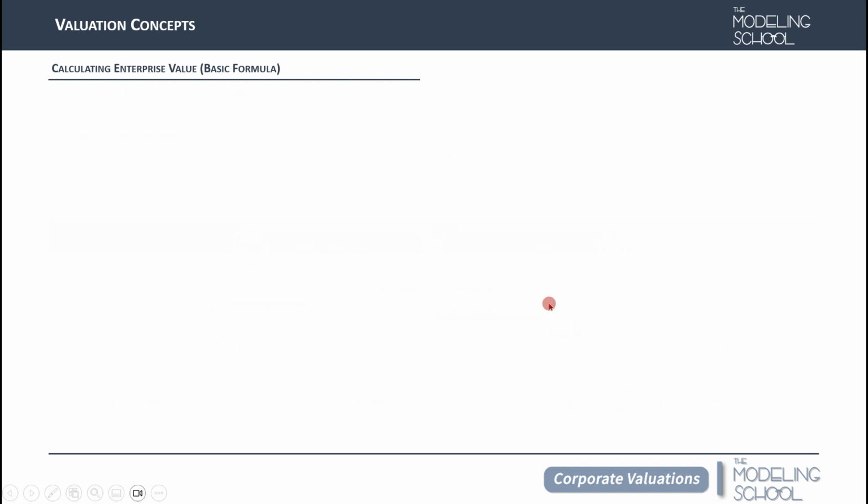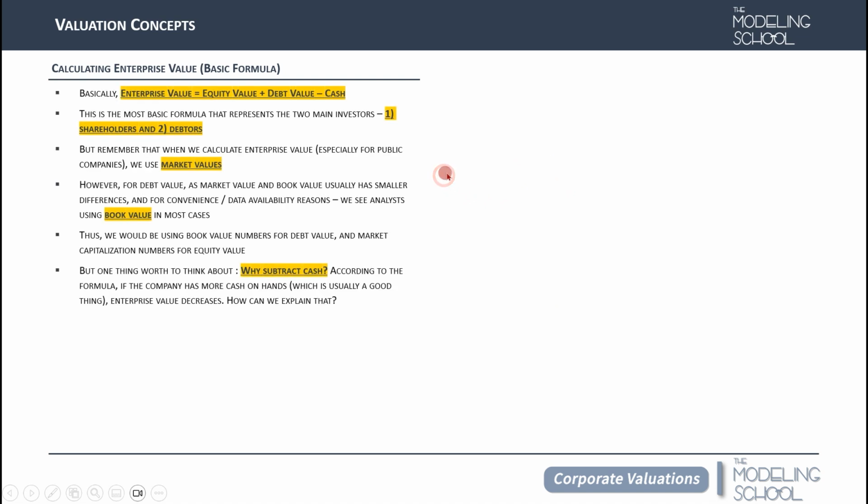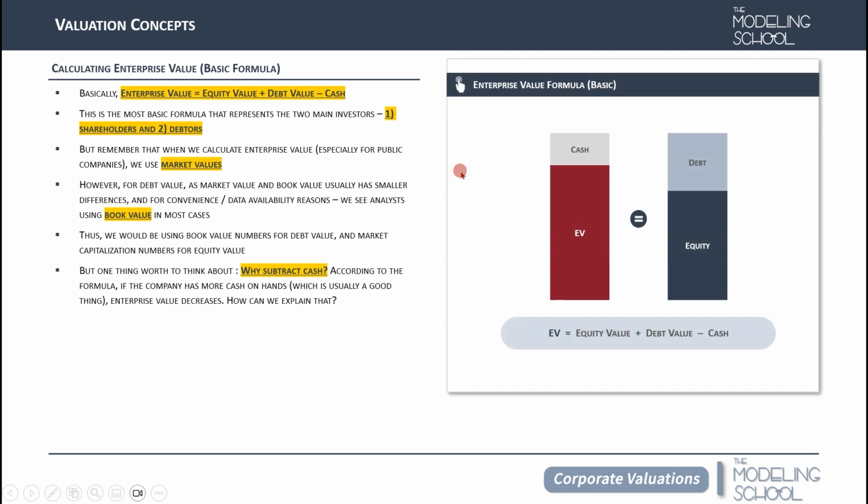So how can these numbers be calculated in actual practice? Equity value, as previously explained, can be determined in two ways. For the book value of equity, we can always go to the balance sheet, the 10-K or annual report, and look for shareholders' equity.